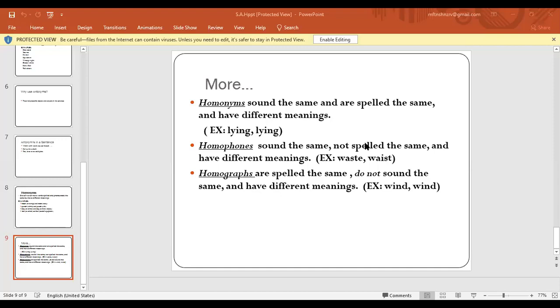So we have another extra video for homonyms. You can watch and differentiate the meanings of these homonyms. You can see homophones and homographs in the video, and we will discuss it together.